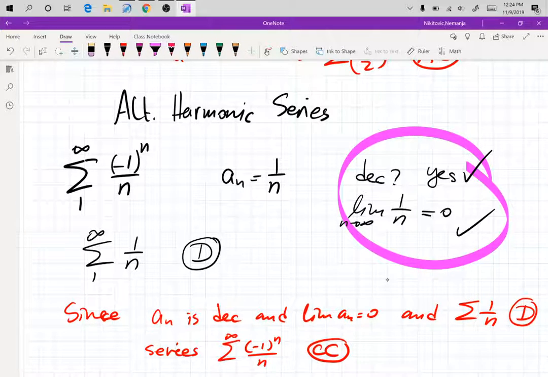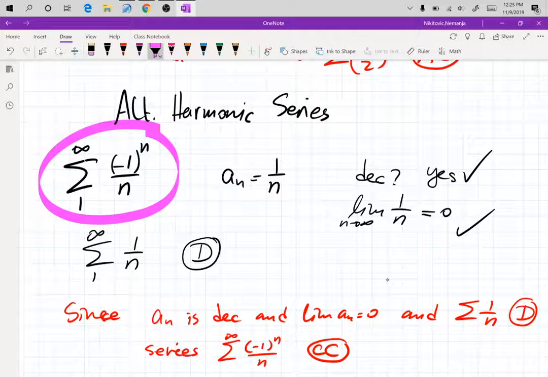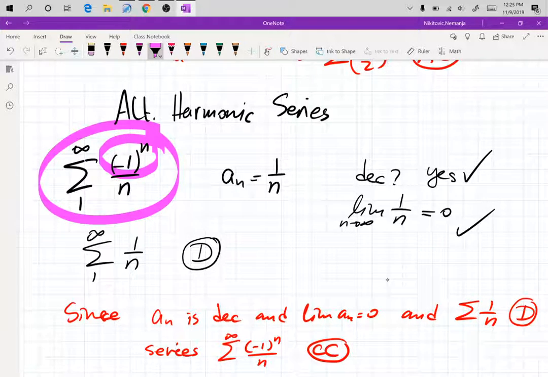So I hope you can actually now listen to the words, and what it means to have a condition to do something, right? This problem converges under the condition that this is present. If the alternating term is not present, the series diverges.